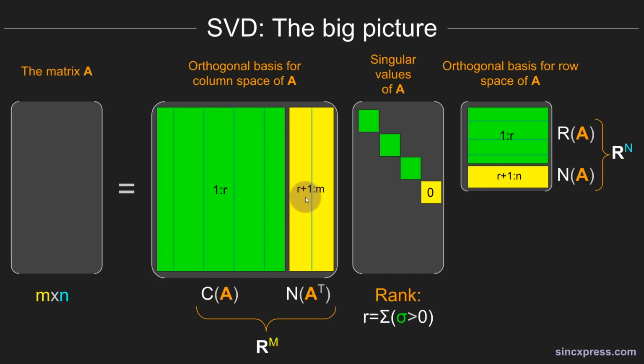Now, the thing is that all the columns in this matrix and all the rows in this matrix are unit vectors. They are fixed to have a length of 1.